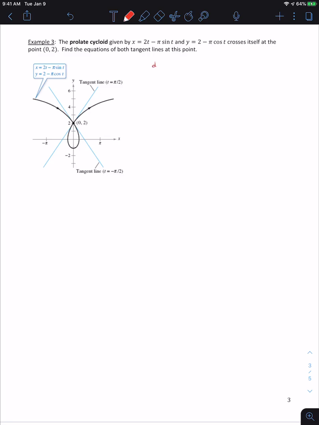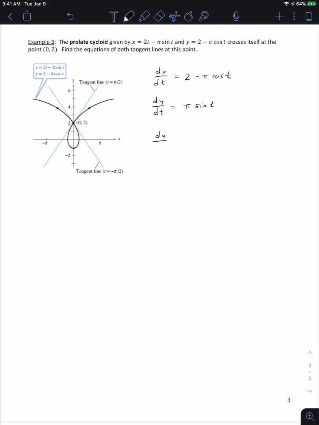So dx dt is going to be the derivative of 2t, which is 2, and then minus pi cosine of t. dy dt is equal to the derivative of 2, which is 0, and the derivative of negative cosine is positive sine, so I get pi sine of t.